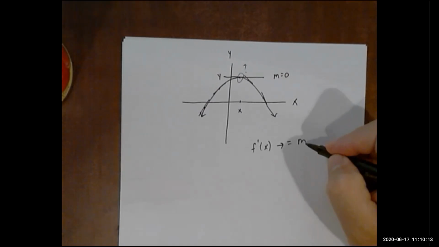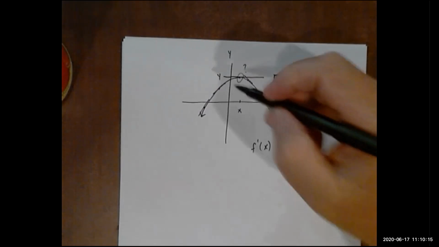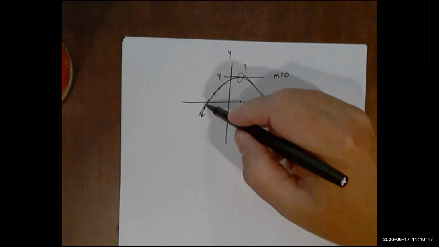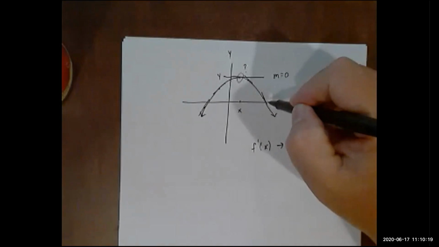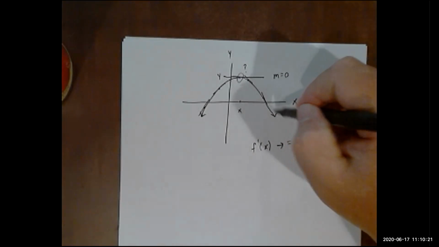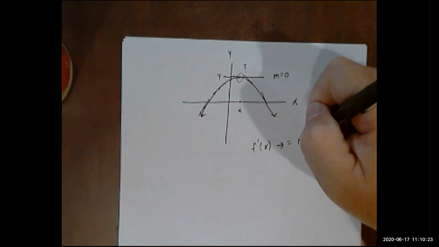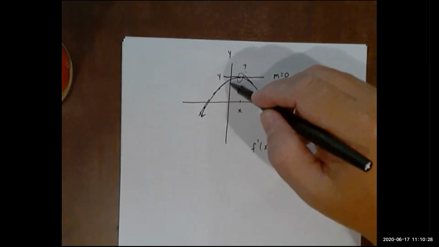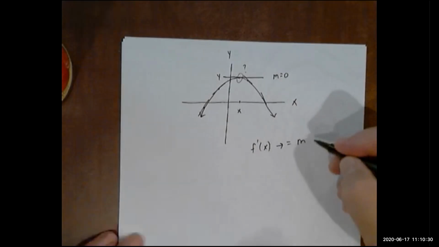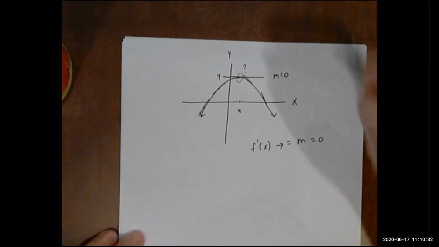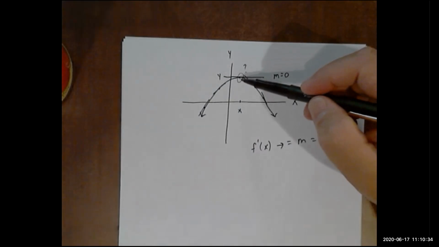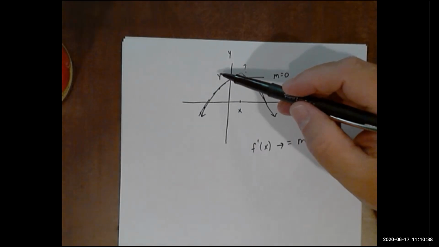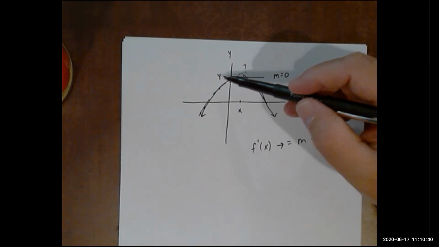which really equals the slope at every point on this graph. And you know what I want for this problem? I want to find the point on this graph where the slope equals 0. Because wherever the slope equals 0, the tangent line at that point would also have a slope of 0.